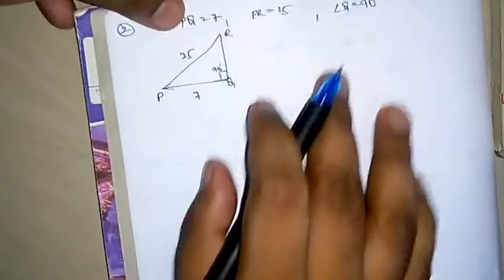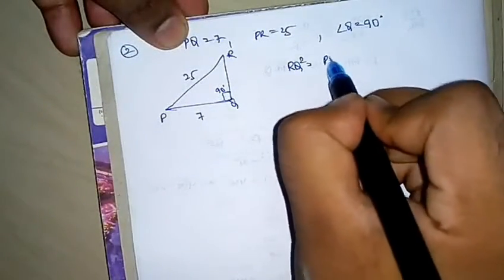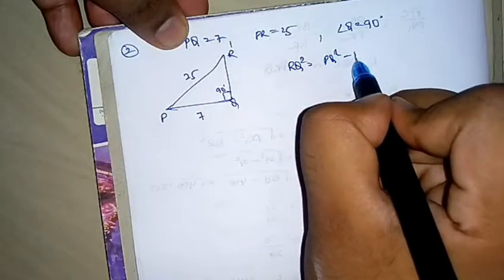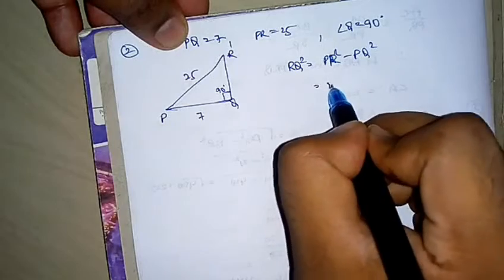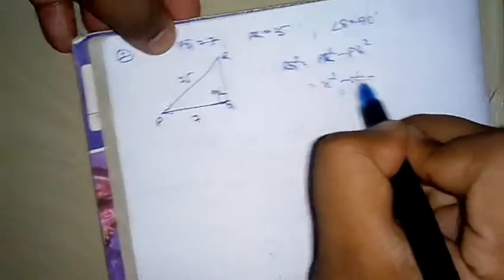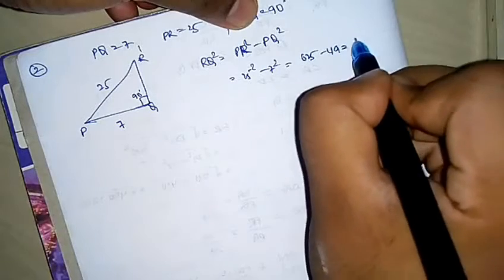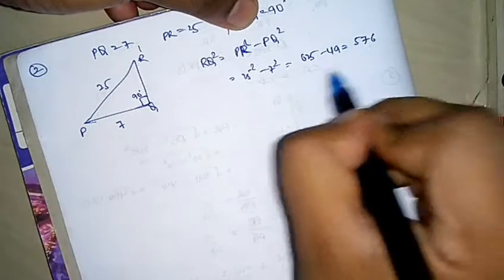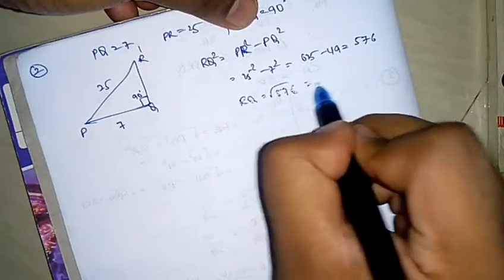So using Pythagorean rule, RQ square will be equal to PR square minus PQ square, which is 25 square minus 7 square is equal to 625 minus 49 is equal to 576. So RQ will be under root 576 is equal to 24.